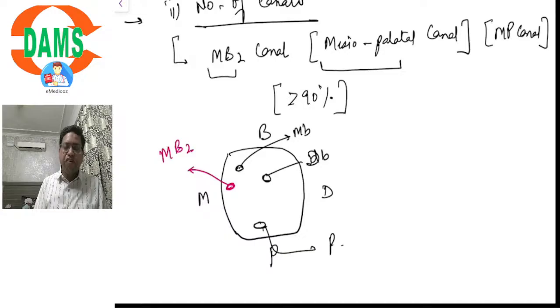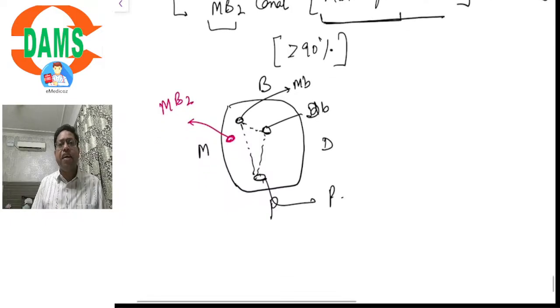So if we connect them with three imaginary lines, you can see the location of the MB2 canal is mesial and palatal to the principal mesiobuccal canal. That's why it is also called mesiopalatal canal, because it is located mesially and palatally to the line joining the mesiobuccal and the palatal canal.